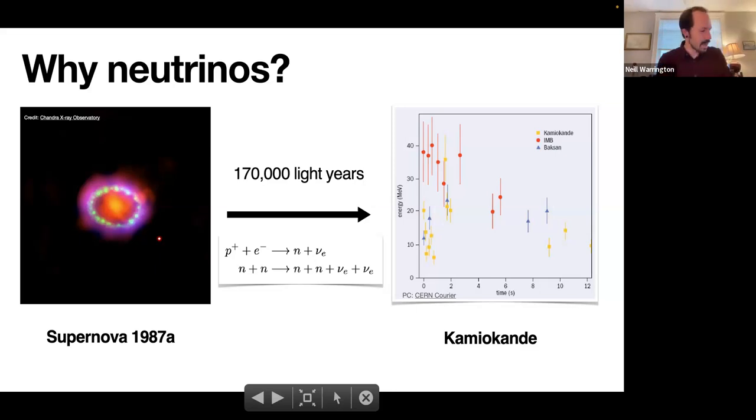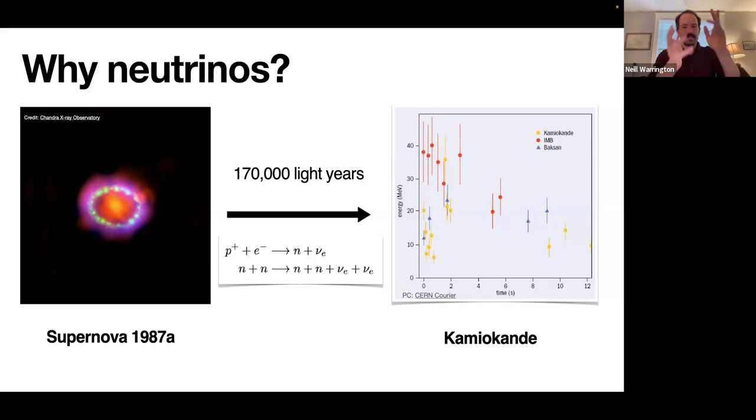But basically, I have a Mathematica notebook that does all the calculations I'm about to flash to you if you want to know them. This supernova popped off about 170,000 light years away. Might sound pretty far, but on galactic scales, it's not terribly far. It was in the next galaxy over, and it's how we got a lot of information from it.